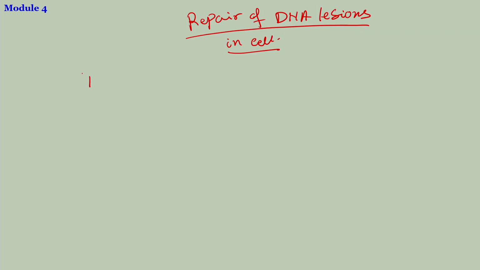So, there are mainly three kinds of repair processes that go on in the cell. One is called base excision repair.